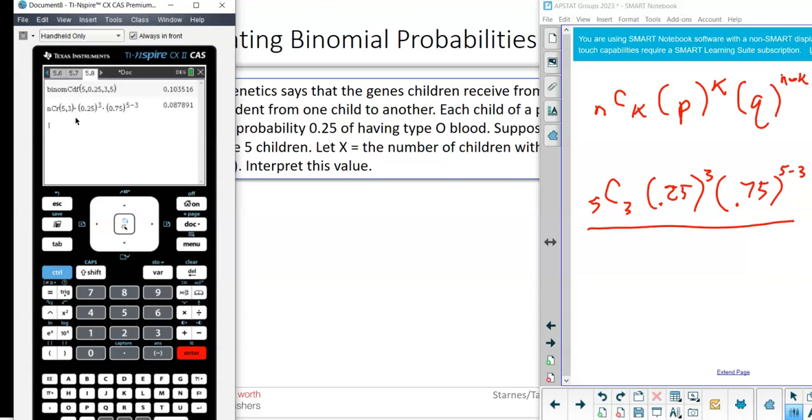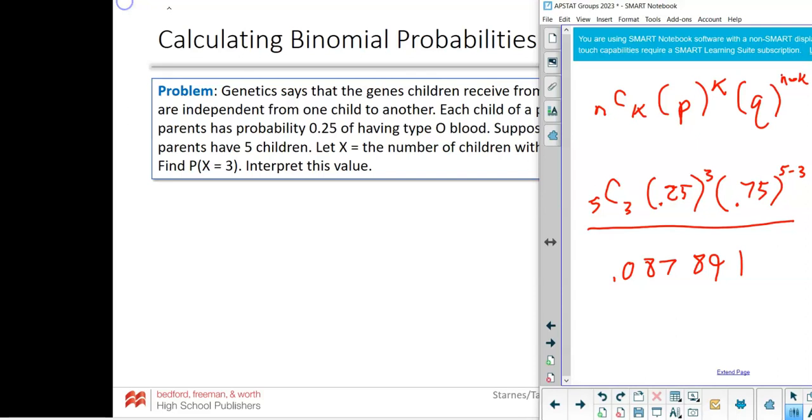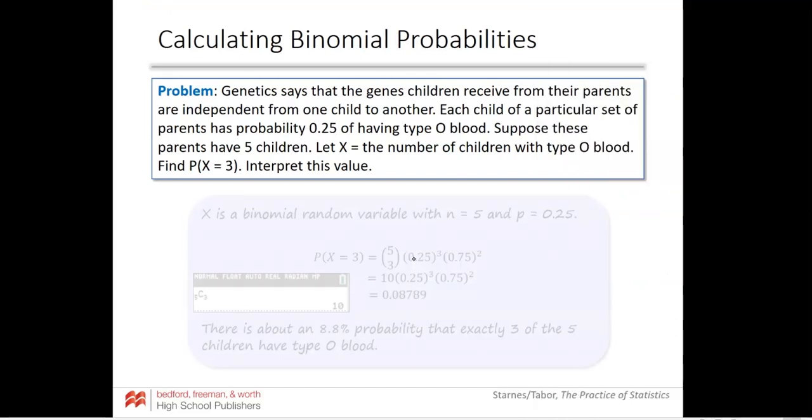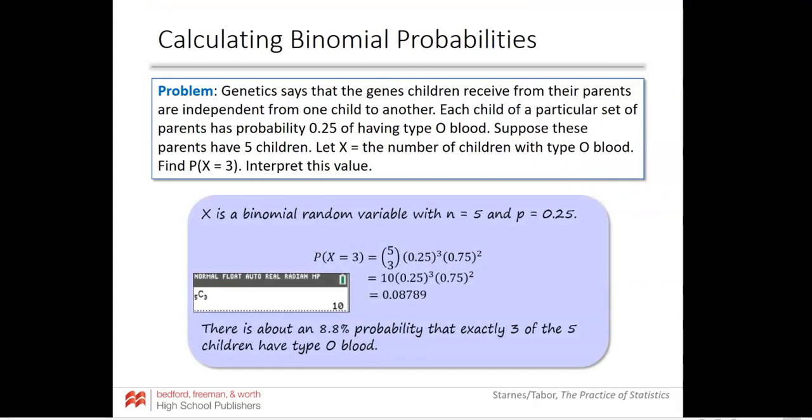We should get 0.087. Let's see if that's the right answer. 0.087891. Yes, there's an 8.8% chance that exactly 3 of the 5 children have type O blood. Again, we're just plugging into a formula there. If you did NCR separately, if I choose 3 separately, it would be 10, and that's what they did. They typed it in separately. I would just type that in all together and get your answer all in one swoop.